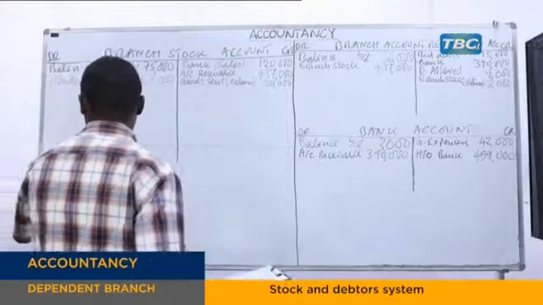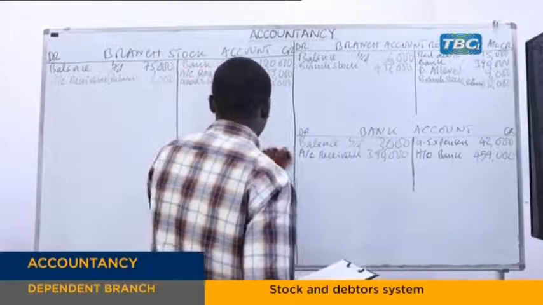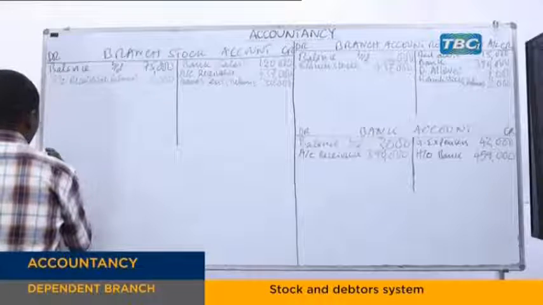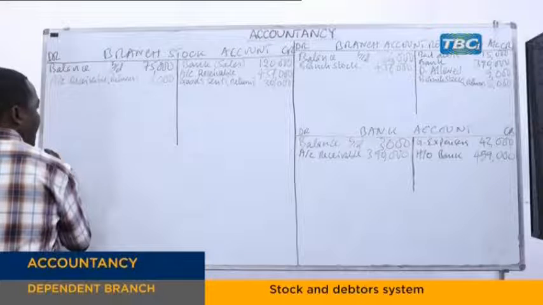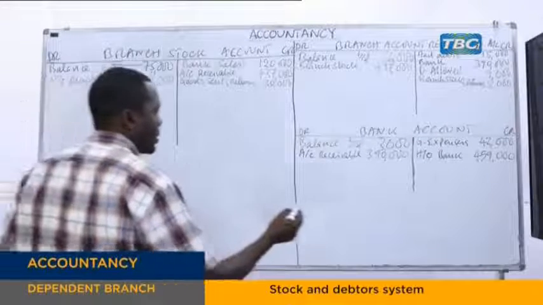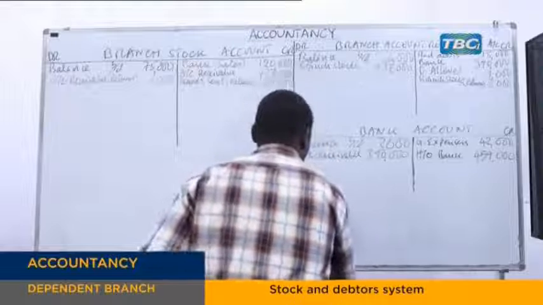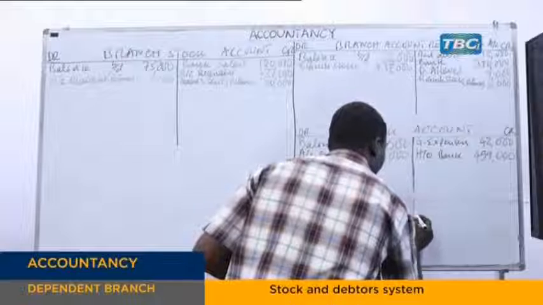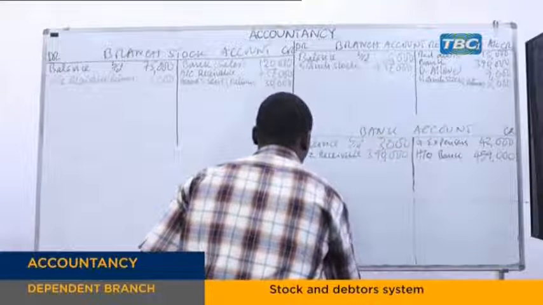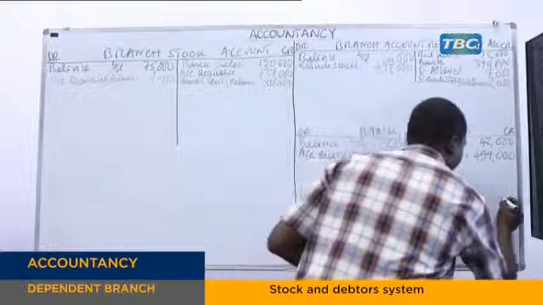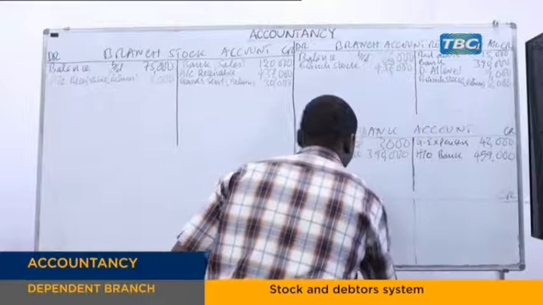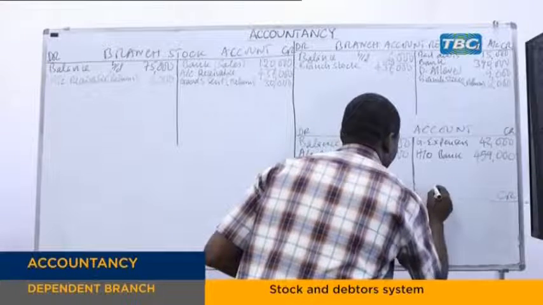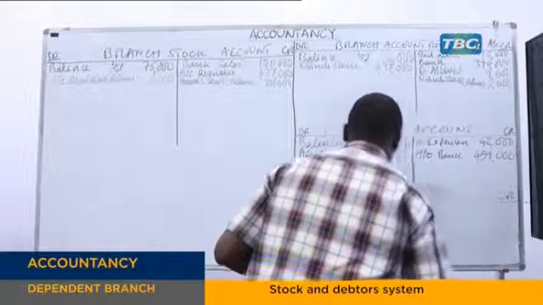Okay. Let me give this account some space. Now let us open here our goods sent, because this has a few entries. We have debit, credit. This is the goods sent account.